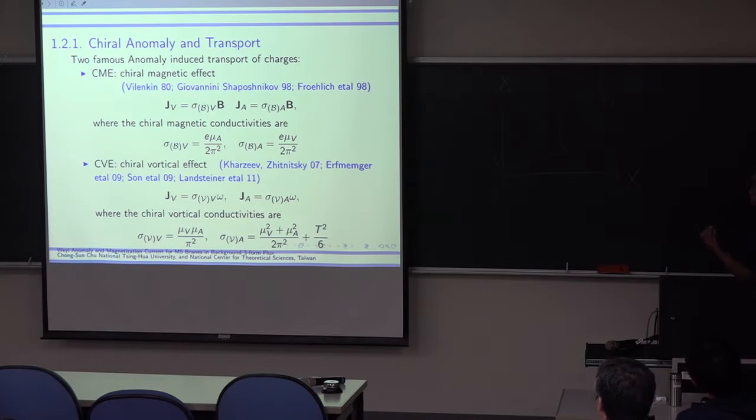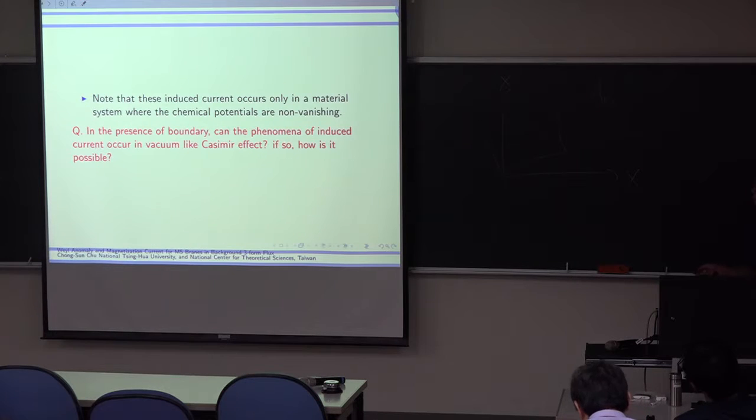Now, if you have the Casimir effect result in your mind, you may ask yourself, can I have something like this in vacuum, in the presence of some anomaly? That was our motivation. We found that actually it's possible. You can have some kind of induced current phenomena in vacuum.